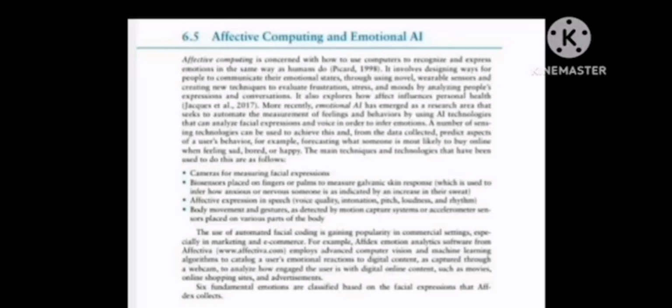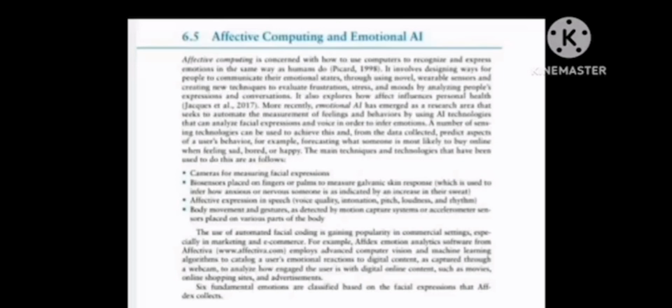A number of sensing technologies can be used to achieve this, and from the data collected, predict aspects of the user's behavior. For example, what someone is most likely to buy online when feeling sad, bored, or happy.